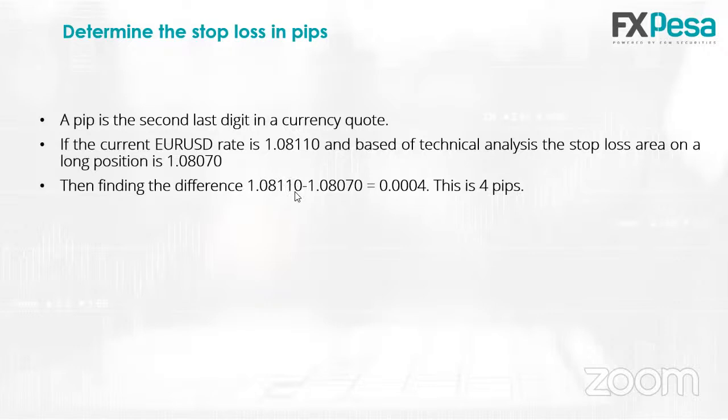For example, if a trader is attempting to enter at 1.08110 and has already determined where they will exit in the event of a loss, you can simply subtract those two to get 0.0004, and that's simply 4 pips, an increment of 4 steps downwards.